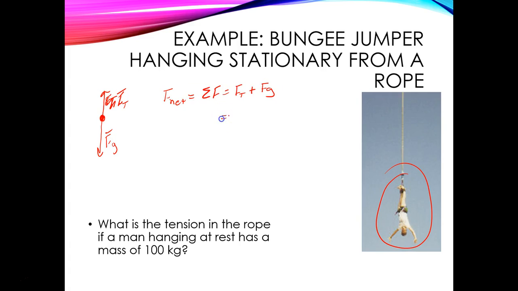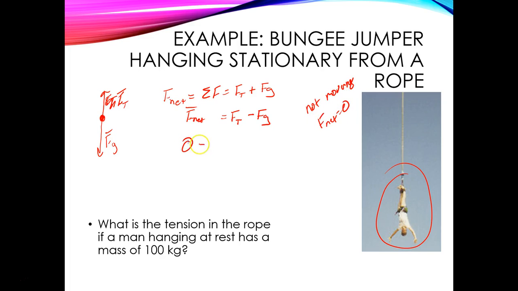But the force of gravity points down, so we're going to go ahead and rewrite that as Ft minus Fg. And that's equal to our net force. The next thing we have to do is decide whether we're going to set this equal to ma, or we're going to set it equal to 0. In this case, we're going to set it equal to 0 because we're not moving. And because we're not moving, our F net is equal to 0.